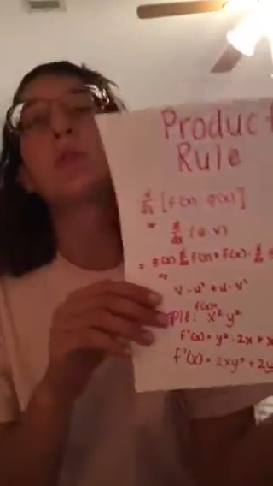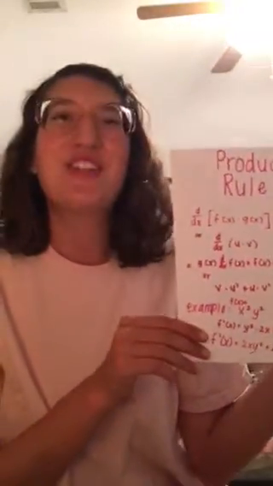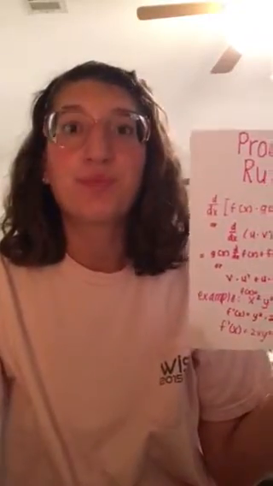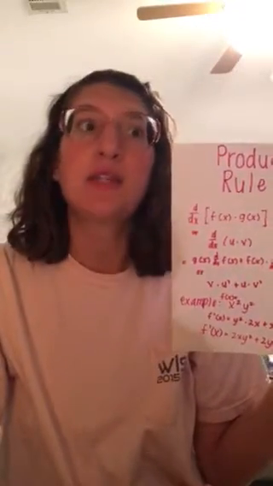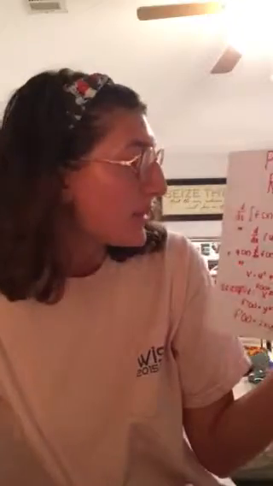Now our third rule is the product rule. Product rule is when you're trying to derive a function that is basically two functions multiplied by each other.